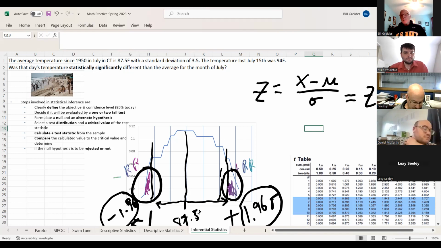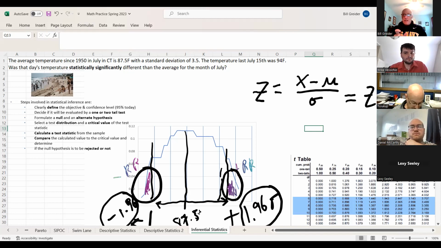Decide if it will be evaluated by a one-tail or a two-tail test. And all that means is, if I had asked you, was that day's temperature statistically significantly hotter than the average, that would be a one-tail test, because I'm just asking if it's hotter or cooler. Here, all I'm asking you is, is it different?